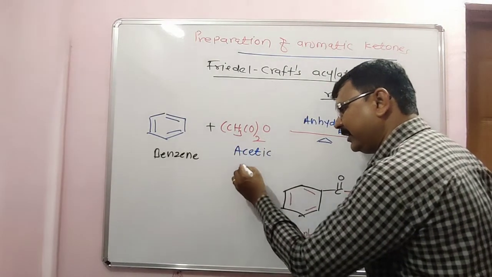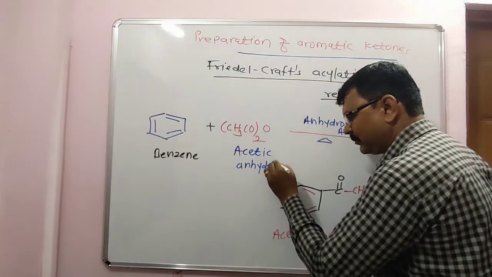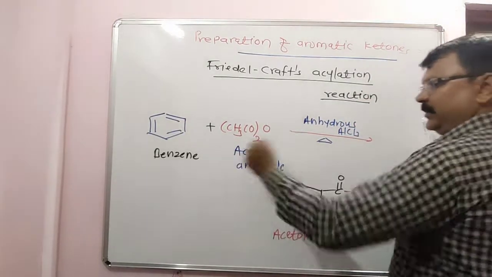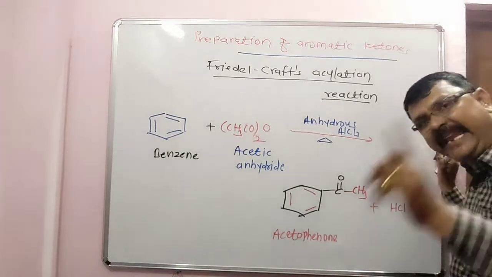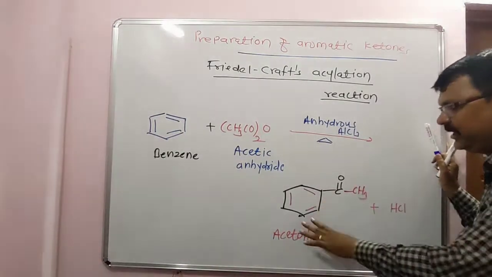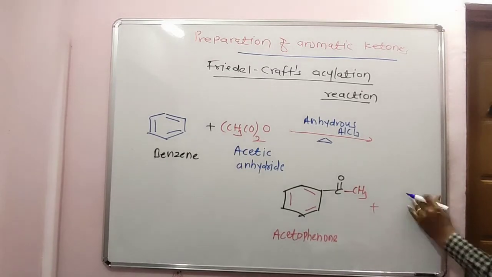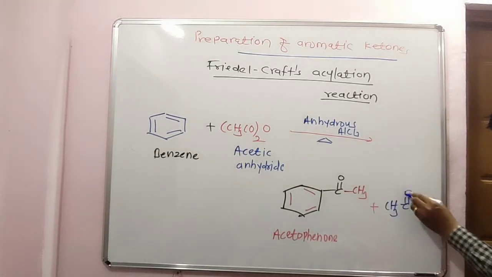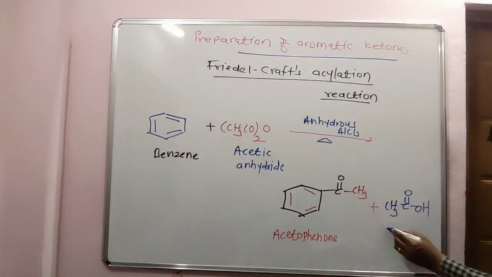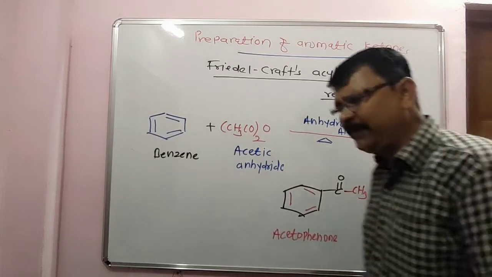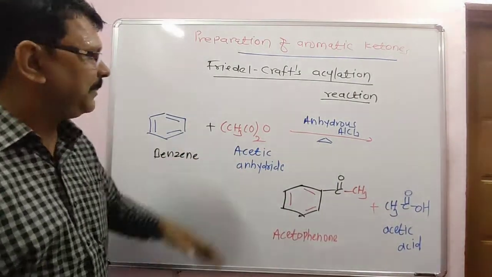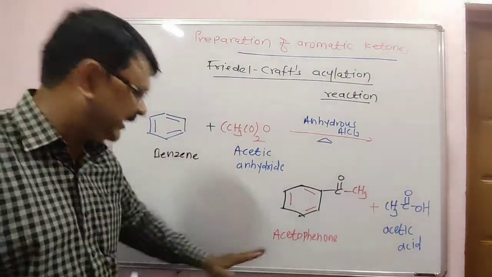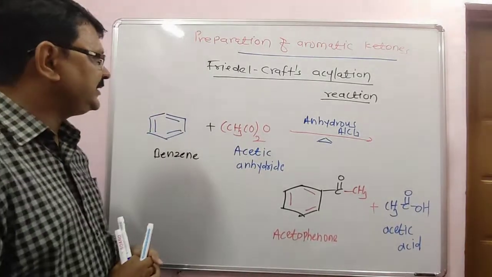Benzene is reacted with acetic anhydride in presence of anhydrous AlCl3. It gives acetophenone, but the byproduct is acetic acid, CH3COOH. Repeat: benzene is reacted with acetic anhydride in presence of anhydrous AlCl3, and it gives acetophenone.